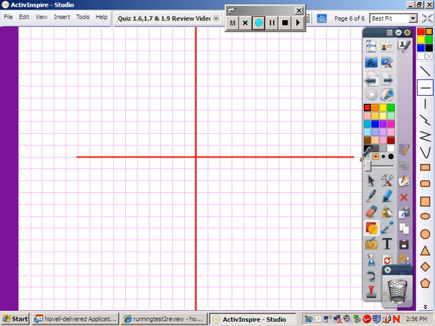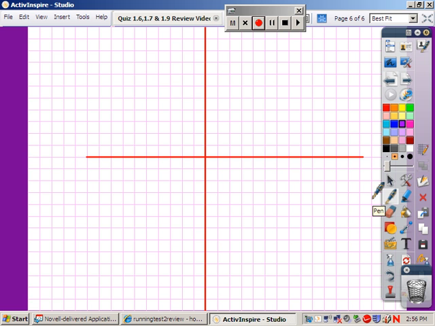Here's your x and y axis. And let's just say that I do a graph on here that looks like this. It doesn't really matter, but this is just an example.